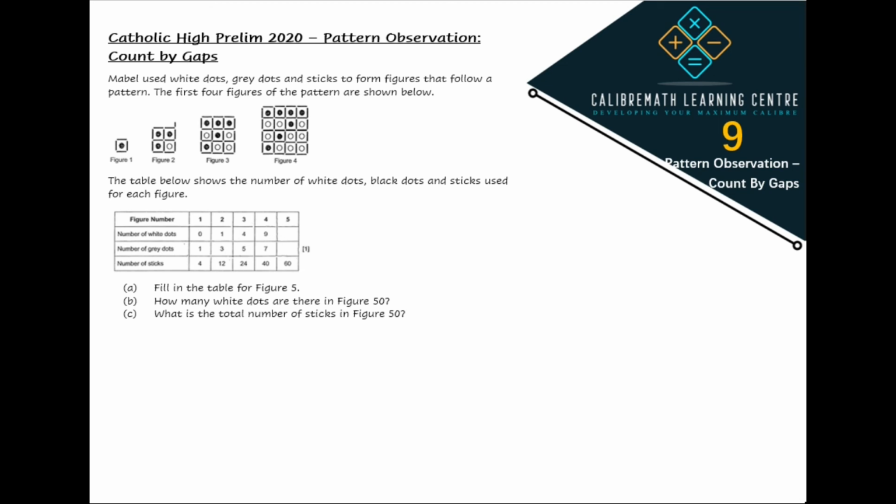So as you know, there will always be at least 1 pattern question in every paper. So please make sure you know how to use all 3 of the strategies, the counting by gaps, the perfect squares, and the consecutive numbers strategy. So if you're still not sure, you have forgotten 1 or 2 of them, please go and revise so that you know how to solve for such questions instead of listing out all the way.